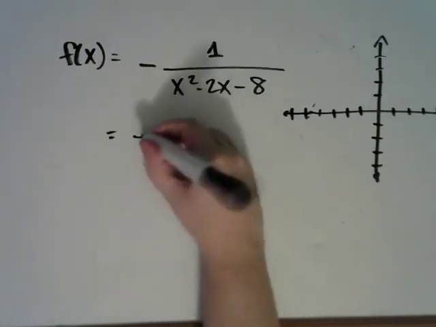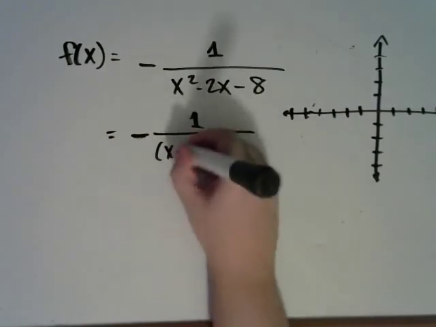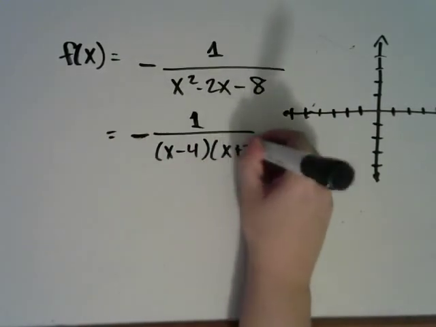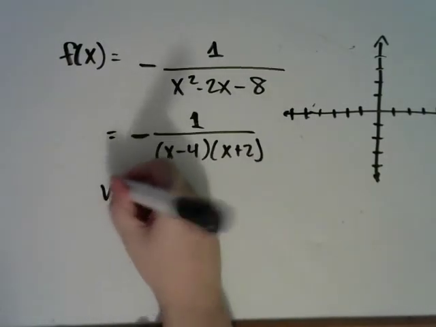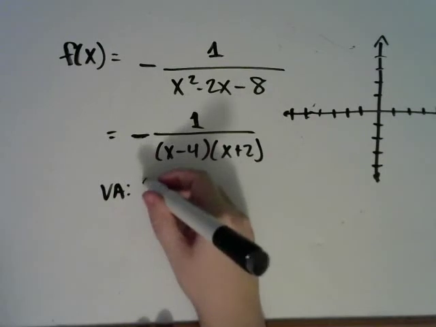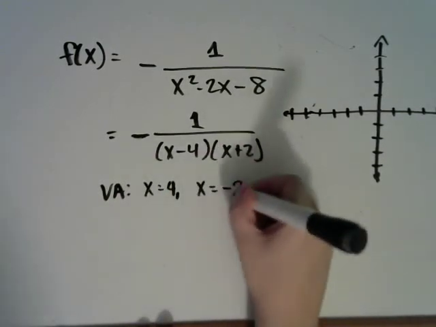Your factors should have given you negative 1 over x minus 4, x plus 2, and we are ready to analyze this rational function. Starting with the vertical asymptotes at x equals 4 and x equals negative 2.